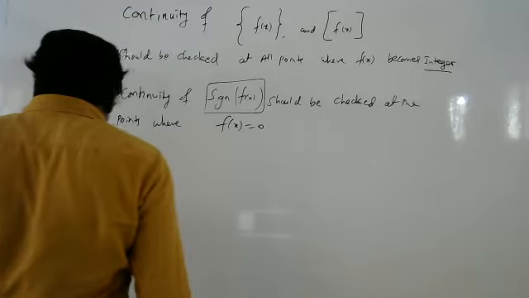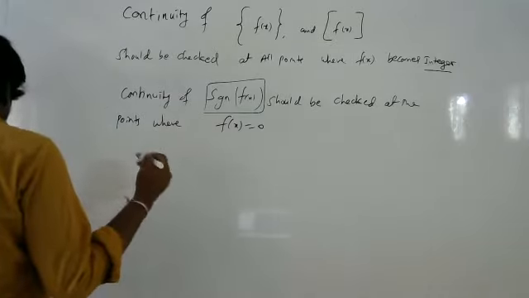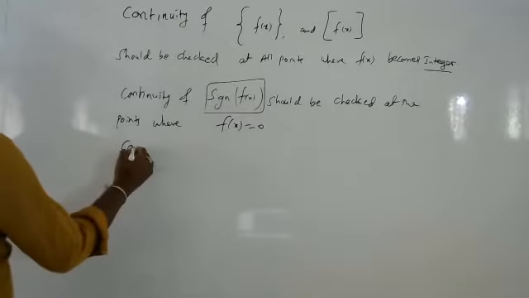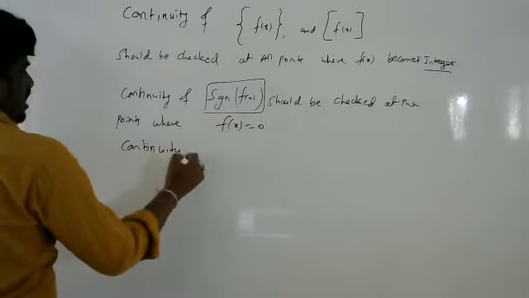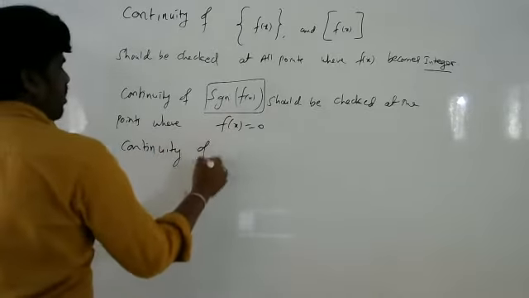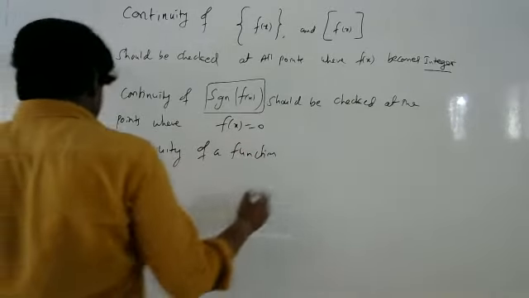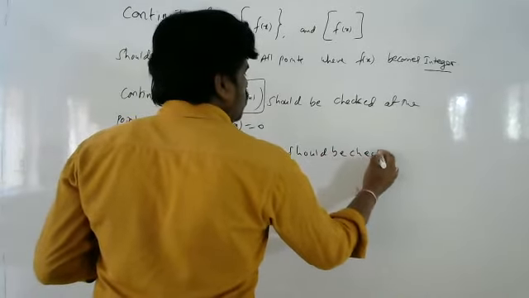Continuity of a function should be checked at the points where the definition of a function changes. This is the last point, and then we are going to do the problems.